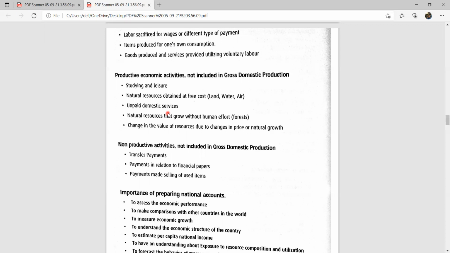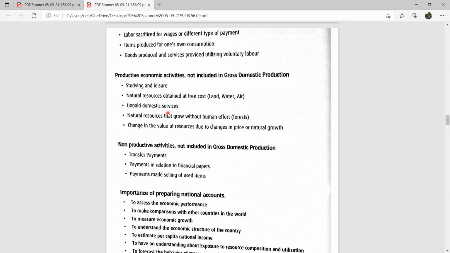For example, a housewife actually does many things in a house, maybe cleaning, cooking, a lot, but no one pays for it. When we employ a housemaid, we need to pay a salary, maybe monthly, weekly, daily, whatever.